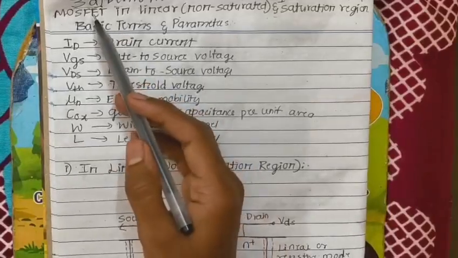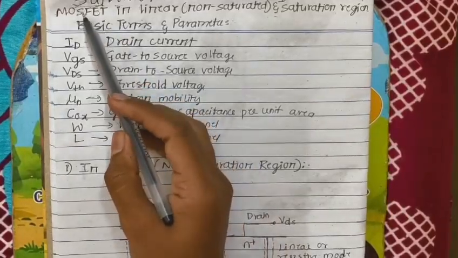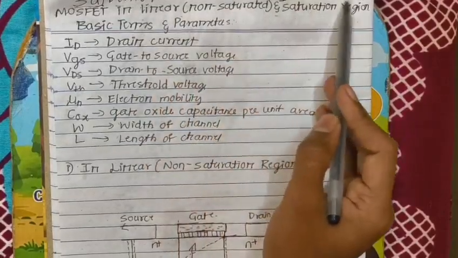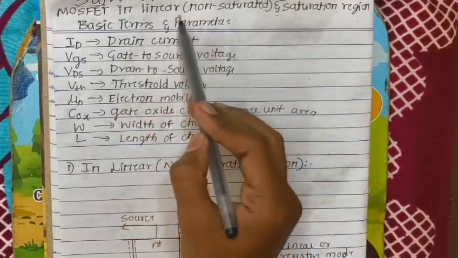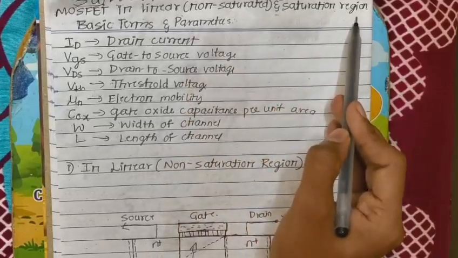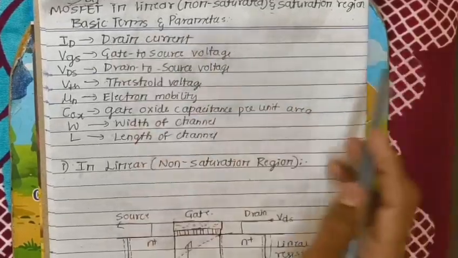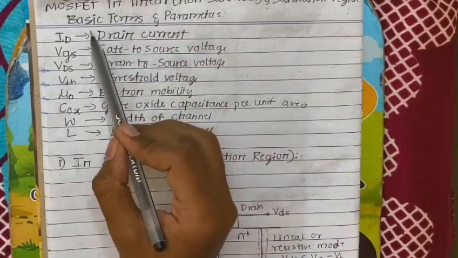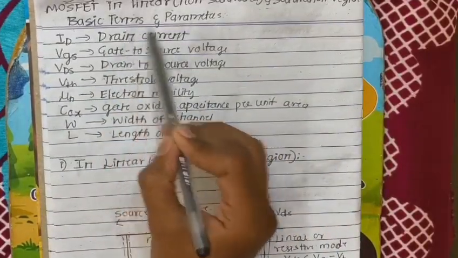Now we are dealing with the 3A question, that is, derive the drain current equation for a MOSFET in linear and saturation region. Before we dive into the derivation, let's understand some basic terms and parameters.